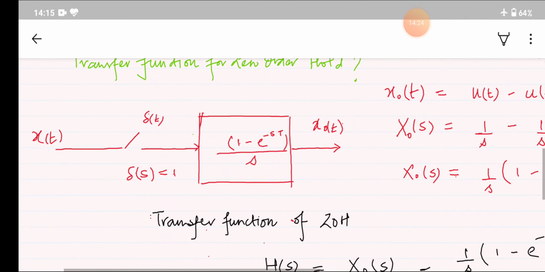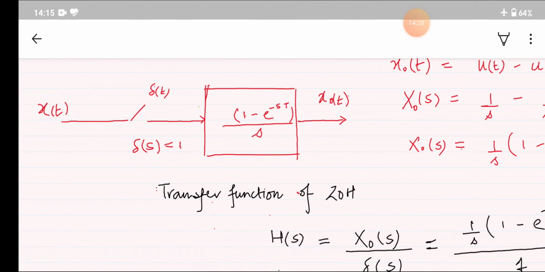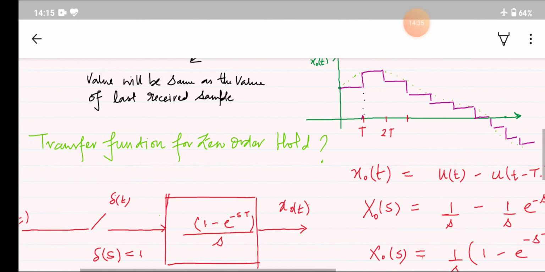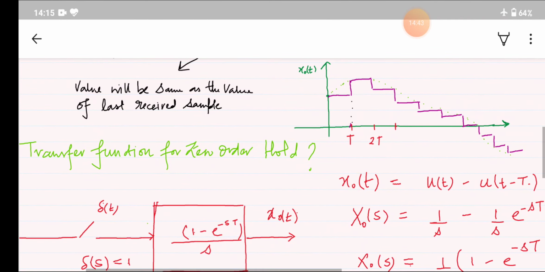The transfer function of zero order hold was determined here as x(t) when sampled gives us impulses. So for the first instant delta(t), it can hold the value up to T, which is the time period for our zero order hold.